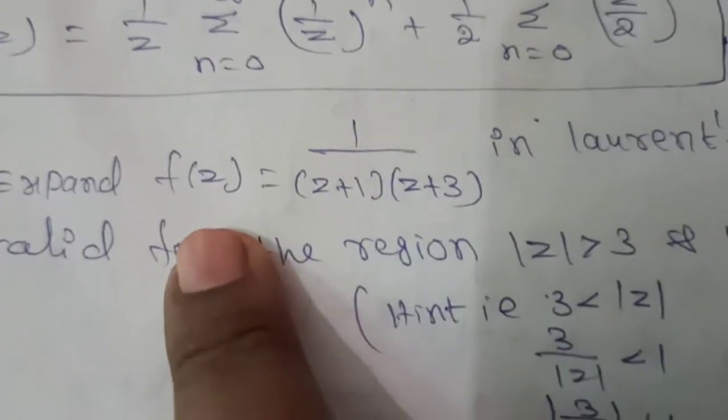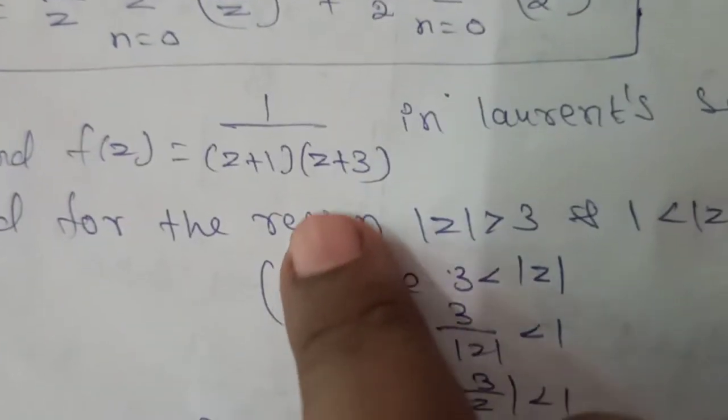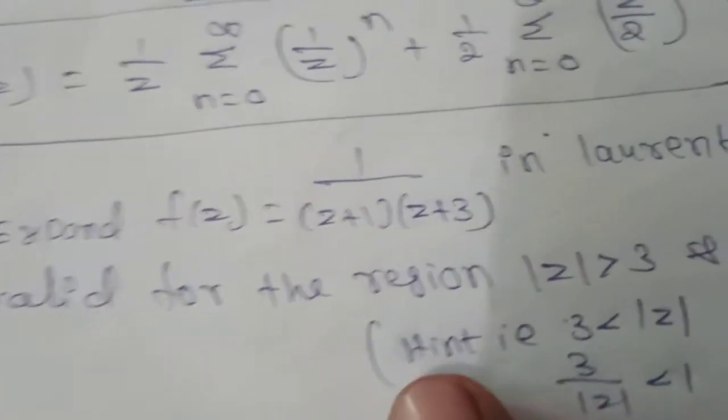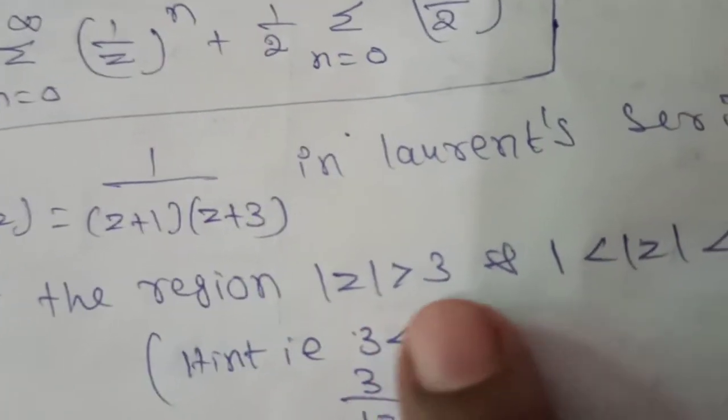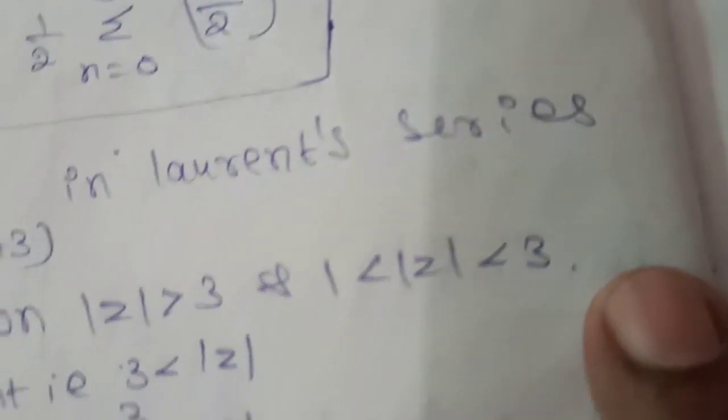Next problem: expand f(z) = 1 / ((z + 1)(z + 3)) in a Laurent series valid for the region modulus of z greater than 3, and second condition, 1 less than modulus of z less than 3.